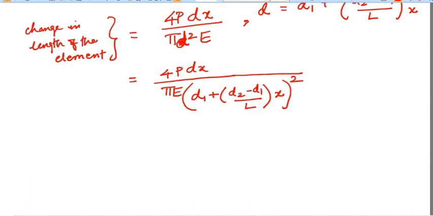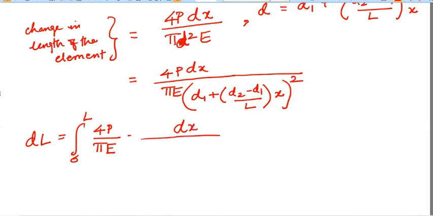To calculate the total change in length, I have to integrate this term within the limit 0 to L. This term 4P divided by pi E is a constant, dx divided by D1 plus (D2 minus D1) by L into x, the whole square.